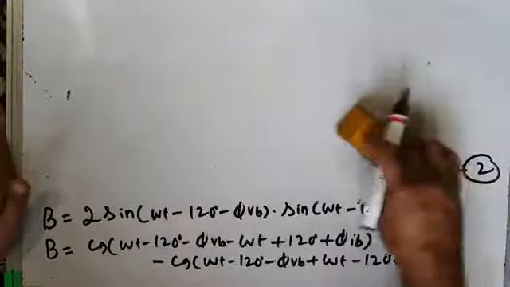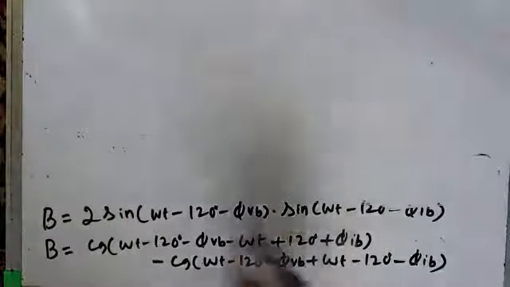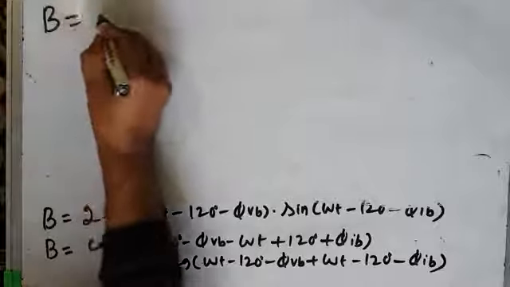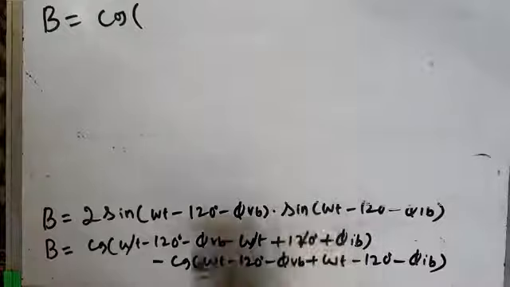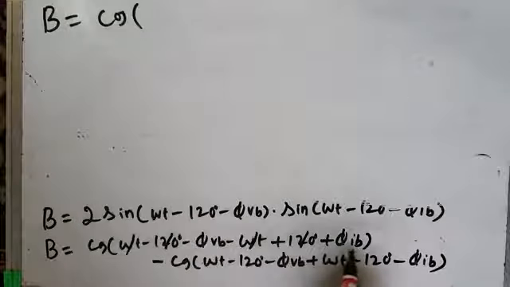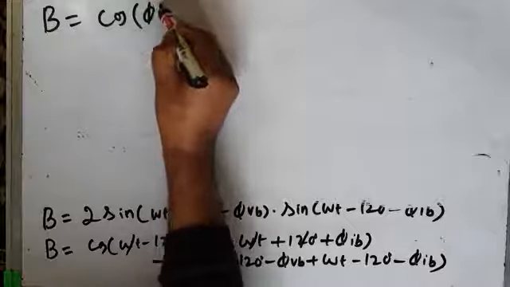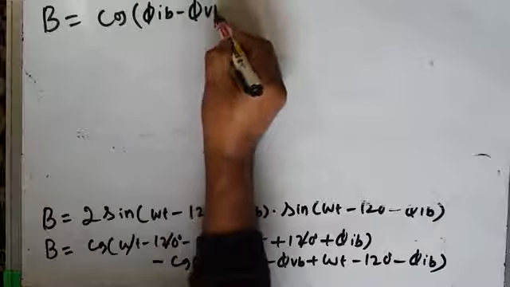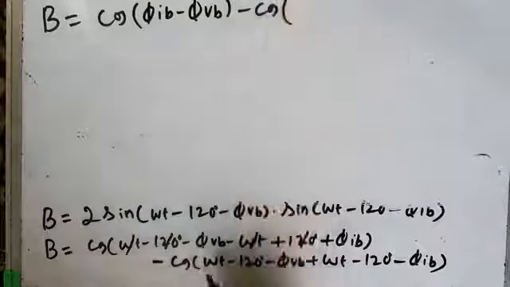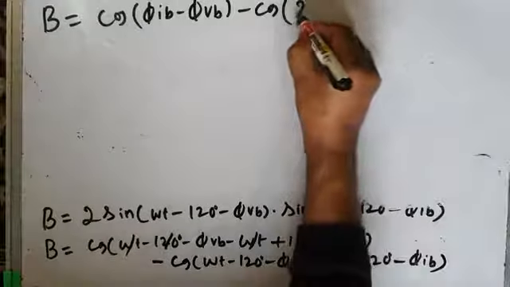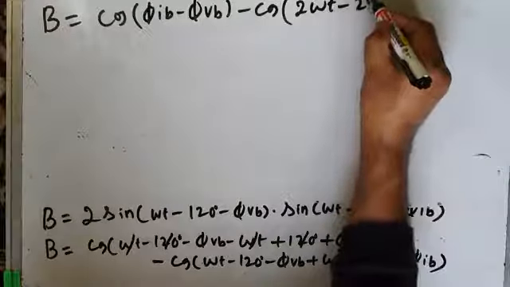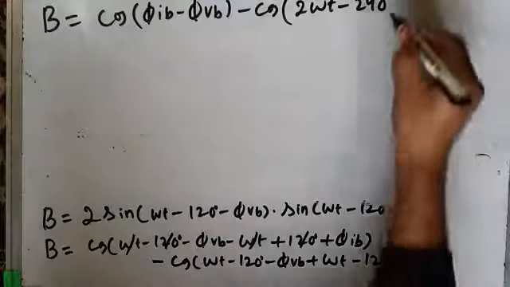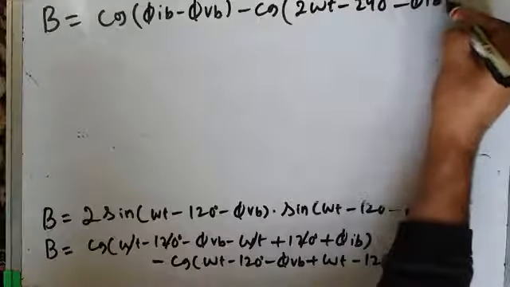Okay. Now further simplification gives b equal to cos of this, omega t and omega t goes, plus 120 minus 120 goes. So I get phi ib minus phi vb, minus cos of omega t plus omega t is 2 omega t, minus 120 degrees minus 120 degrees is minus 240 degrees, then minus phi ib minus phi vb.